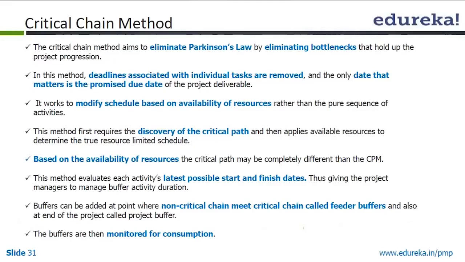It works to modify the schedule based on availability of resources rather than a pure sequence of activities. This method requires the discovery of the critical path and then applies available resources to determine the true resource-limited schedule. And based on the availability of resources, the critical path may be completely different from the CPM.